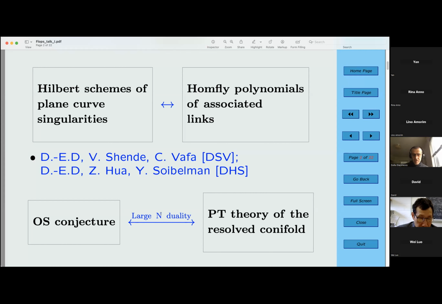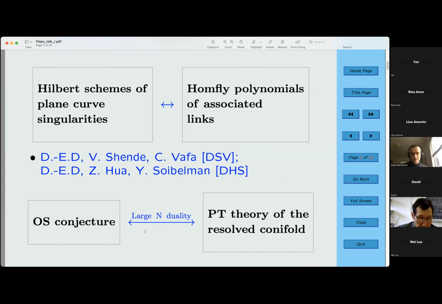And the Hilbert schemes that occur in this context are, in fact, a special incarnation of stable pairs on a resolved conifold. And the connection to knot invariants is explained by Lagrangian duality. So this is what happened back then.